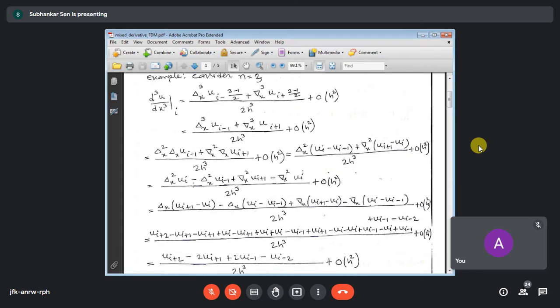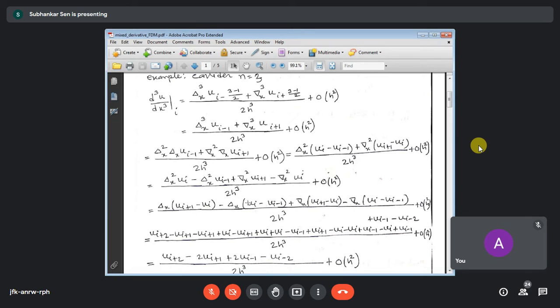Now we have to implement this operator a second time. Then del x square u(i) will be del x u(i). This is the first del x, and del x u(i), you know that this is u(i+1) minus u(i). Then we shall come to this term. This is del x, then the next del x operating on u(i-1). So the next del x is operating on u(i-1), so u(i-1).